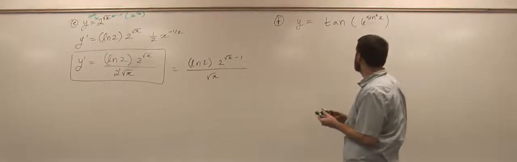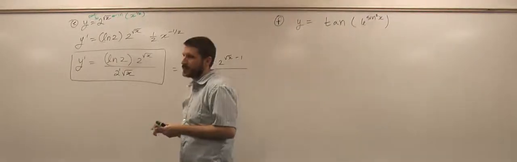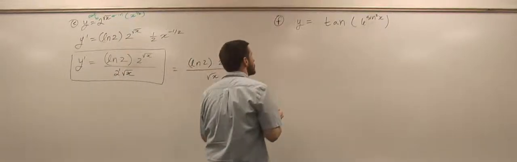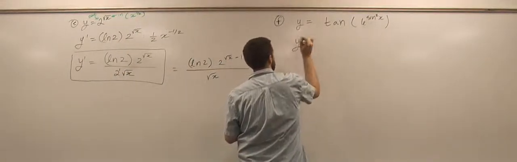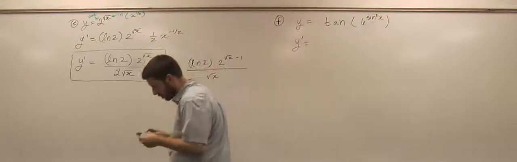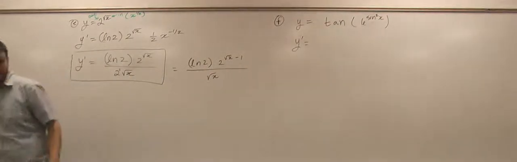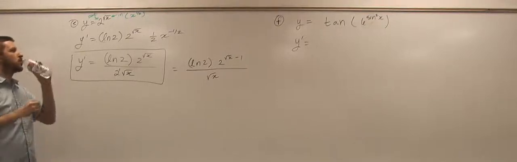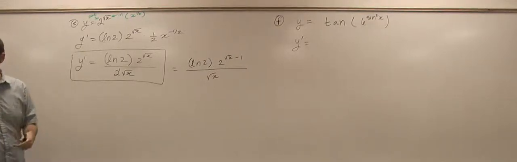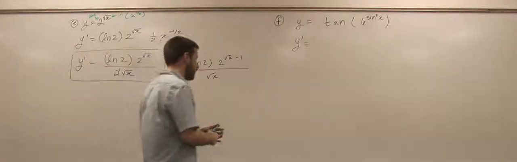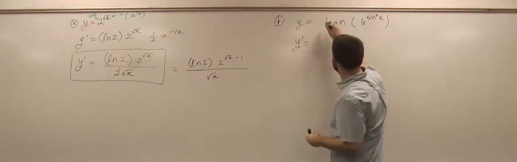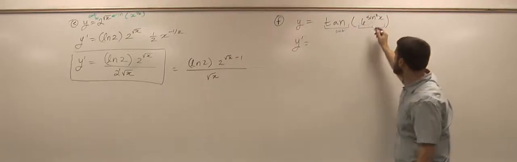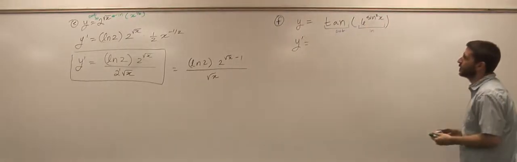So your function is tangent of 6 to the sine squared x. So we have lots of chain rule to do. Tangent's your outside function. 6 to the sine squared x is your inside function to start with.